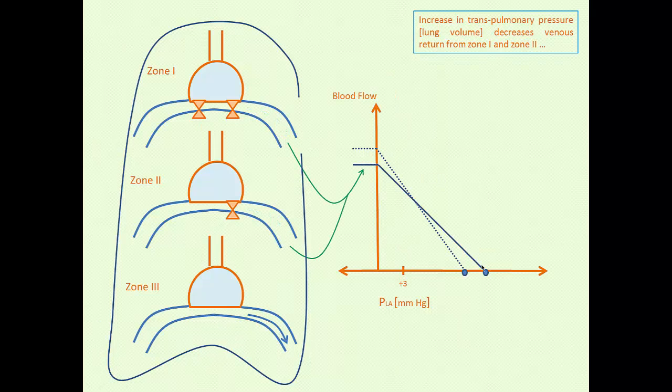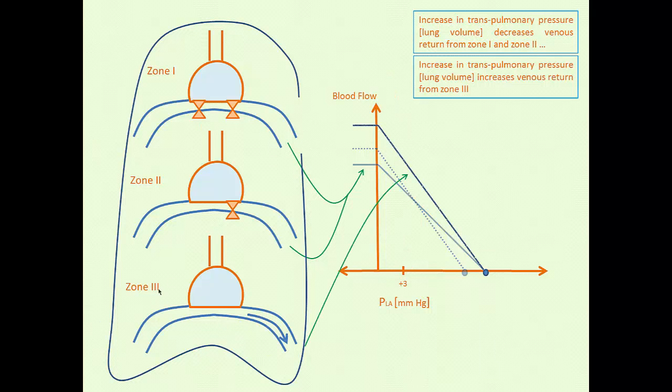And that leads to this change in your pulmonary venous return curve, and you can review Chapter 2 if you're interested in why. And then an increase in transpulmonary pressure increases venous return from zone 3, so this augmented arrow results in an increase in pulmonary venous return to the left atrium as transpulmonary pressure increases.